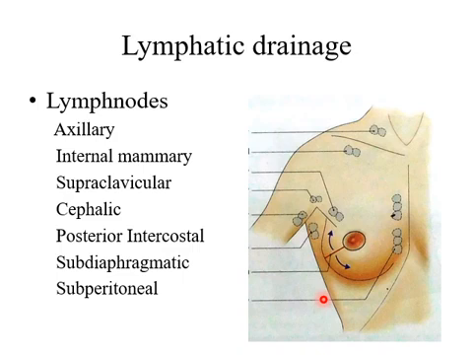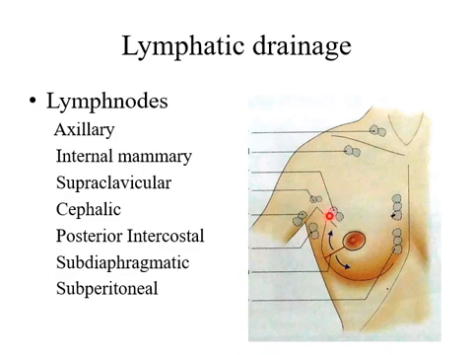In addition, there are minute lymph nodes like subdiaphragmatic and subperitoneal lymph nodes. Axillary lymph nodes are the most common drainage area.